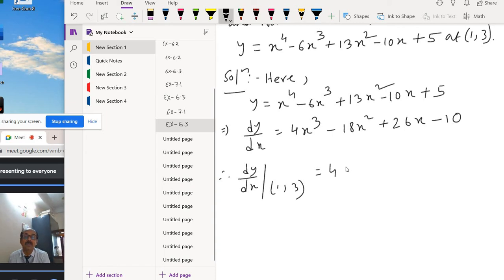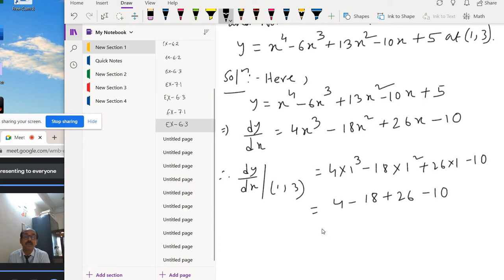X equal to 1 means 4 into 1 cube minus 18 into 1 square plus 26 into 1 minus 10, equal to 4 minus 18 plus 26 minus 10.